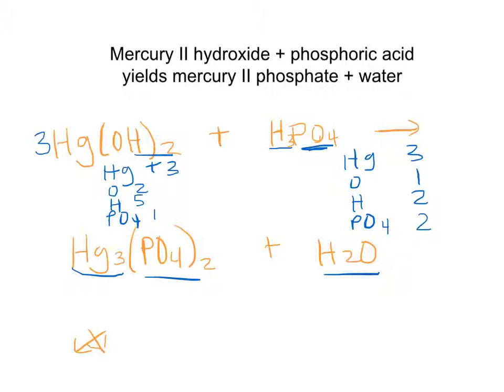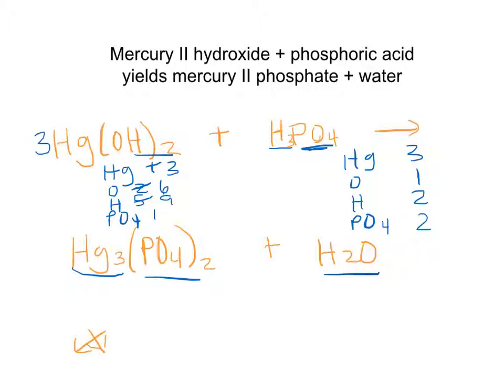So I'm going to go 3 times 2 here, and I'm going to have now 6 oxygens, and now I also have 6 hydrogens from over here, but I also have these 3 over here that I have to worry about. So I'm going to change this to 9. Okay, so now I still want to leave oxygen and hydrogen for last.